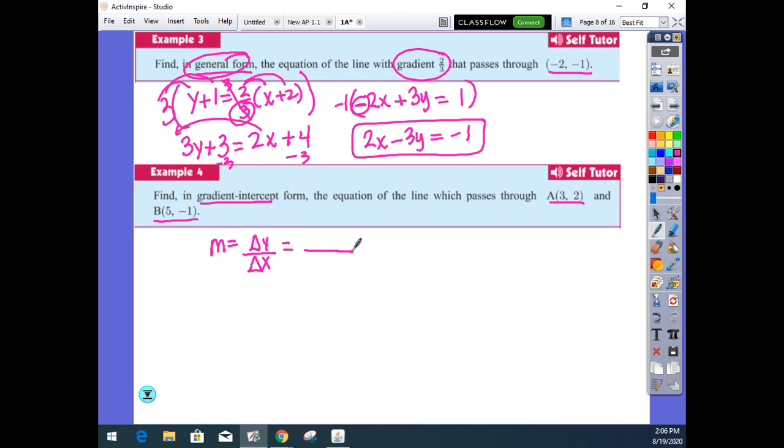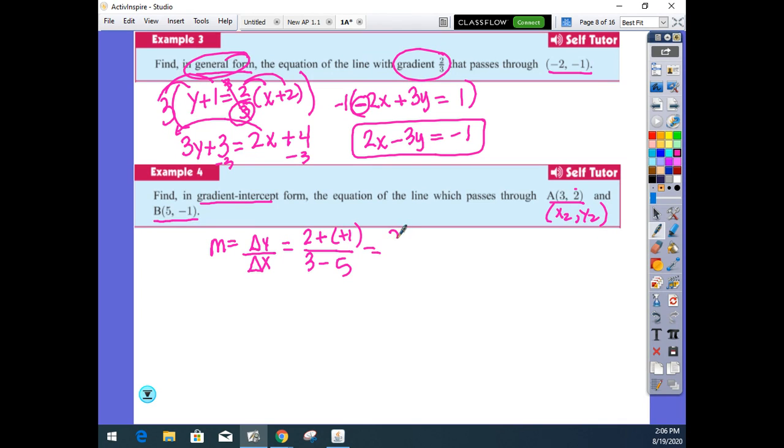We'll call this our second point and our first point, because I just like it better that way. So I'm going to take my y2 minus my y1 over x2 minus x1, and then I'm going to simplify.